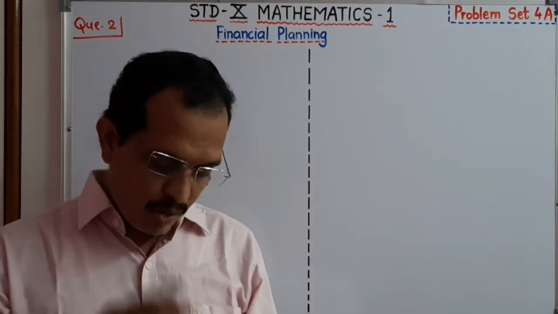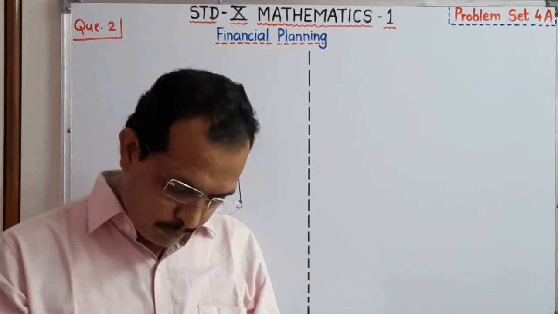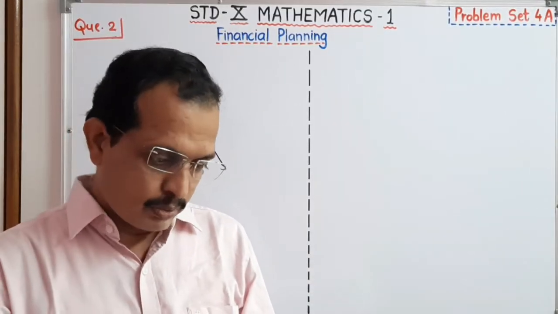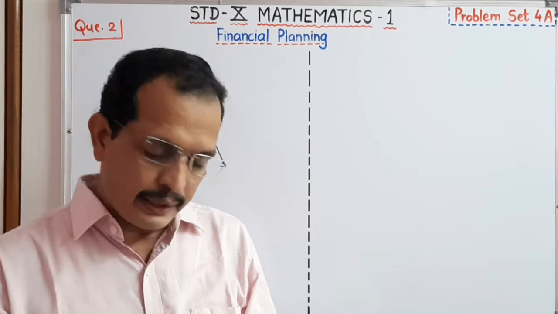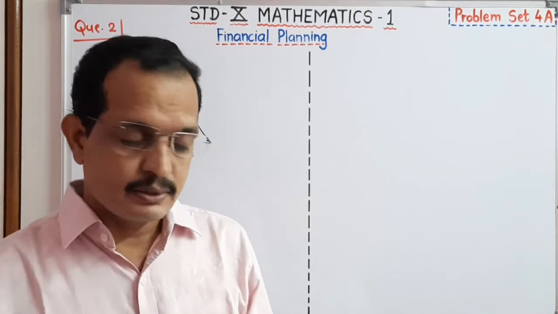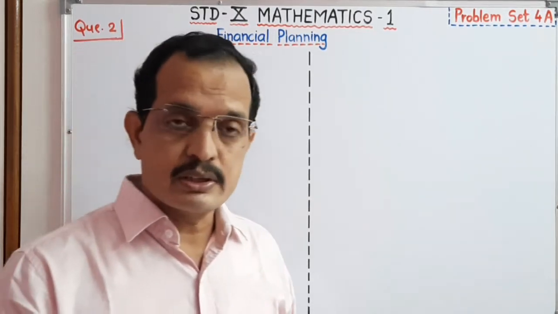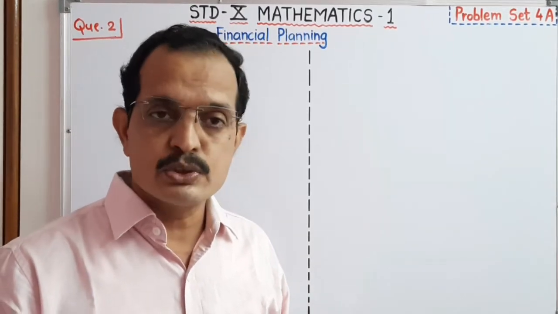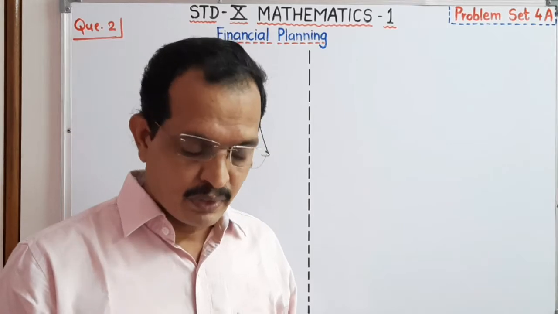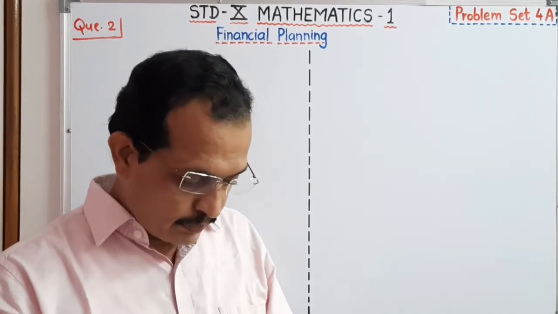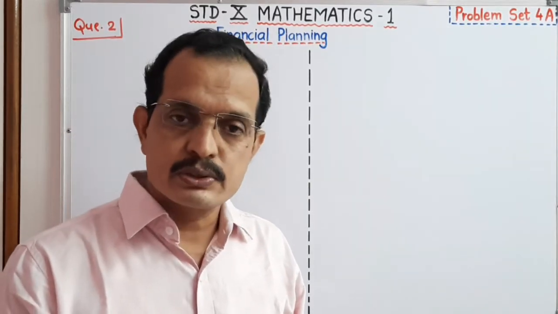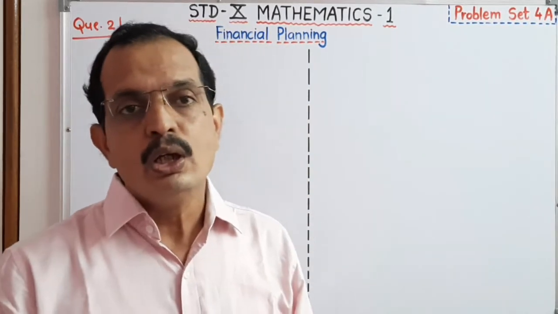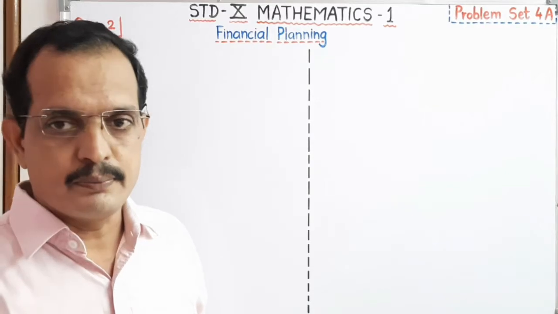From page number 97 to page number 108, all these parts, that is what is shares, what is mutual funds, are reduced from this chapter, and practice set 4.3 is also reduced, as well as practice set 4.4 is also reduced for this year.